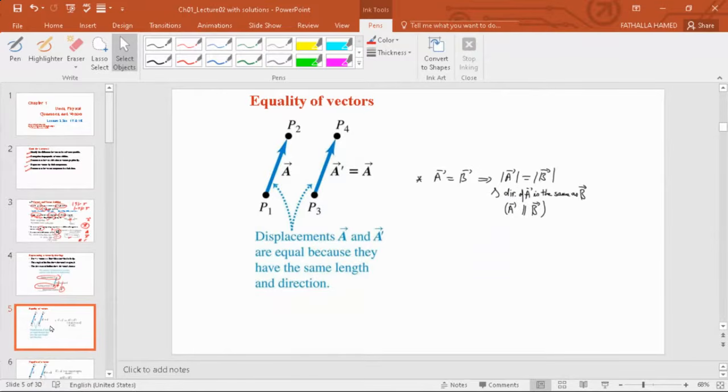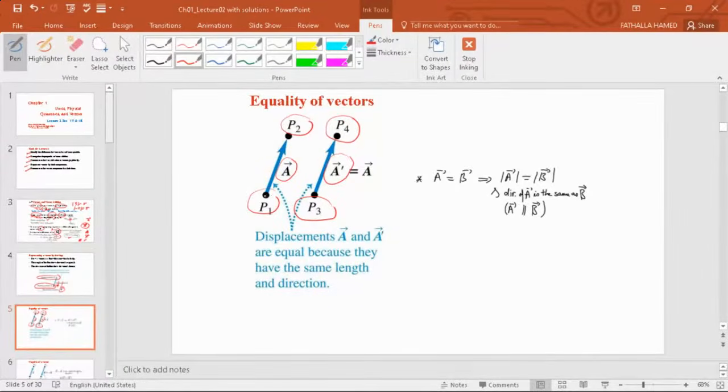Let me look at 4 different positions. I will move from position A to position B, and I have a displacement, and my vector here is A. I can move from another position, let's call it position 3, and I move to position 4, and I represent this with a vector A prime. But when I look at the magnitude of this vector, or the length or the distance, I will find that between 1 and 2 and between 3 and 4, they're equal in magnitude.